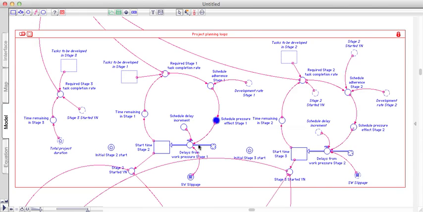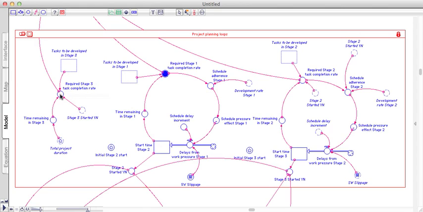And that effect on the schedule leads to an increase of the schedule start time. So this is a modest effect for the start of stage 2. For stage 3, which has precisely the same structure, it gets to be a big effect. Oh, by the way, this required task completion rate is also an input to the capacity allocation and capacity calculation flow that we discussed in clip 2.